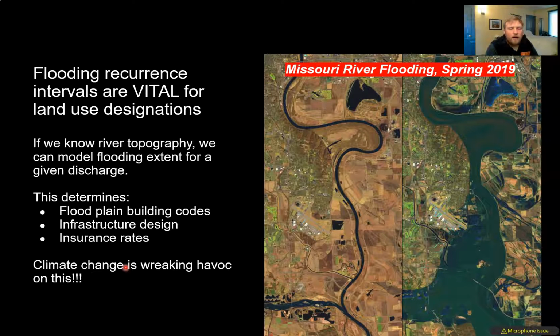Our federal government, as well as state governments, have designated different floodplains where it's unsafe to build, 100-year floodplains, 500-year floodplains. This tells us where we can put housing developments and build towns, and really importantly, it also tells us how to build certain types of infrastructure, right?